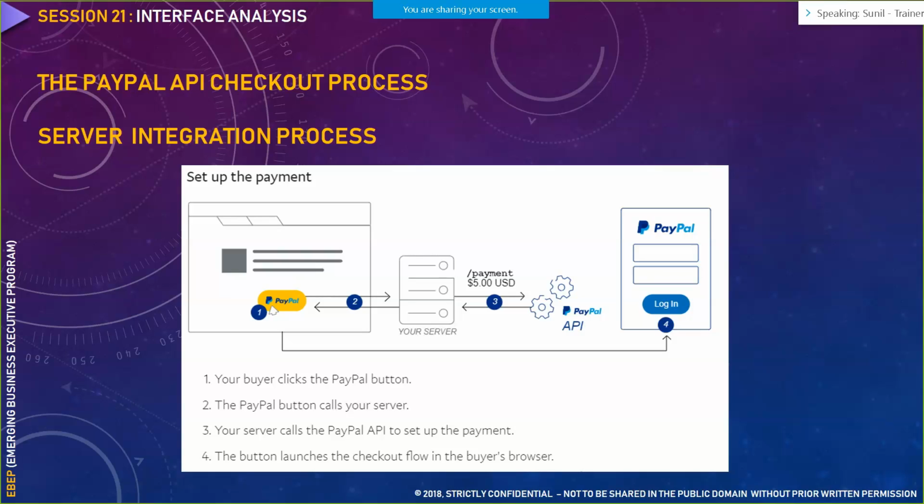So the feasible option I saw here is to store sensitive information on the PayPal database. Only relevant information would be stored on my particular page, whether the order is confirmed or not, those kinds of information. So depending on the nature of the business and the context, you should be able to distinguish between what information you have to store on your system and what information you don't have to store on your system. Rather, it's good to be stored in the third party system.